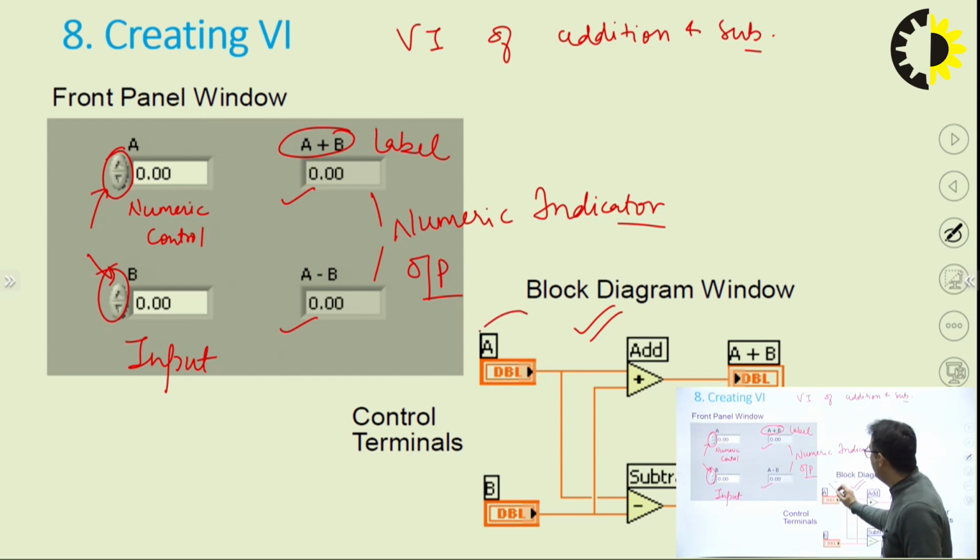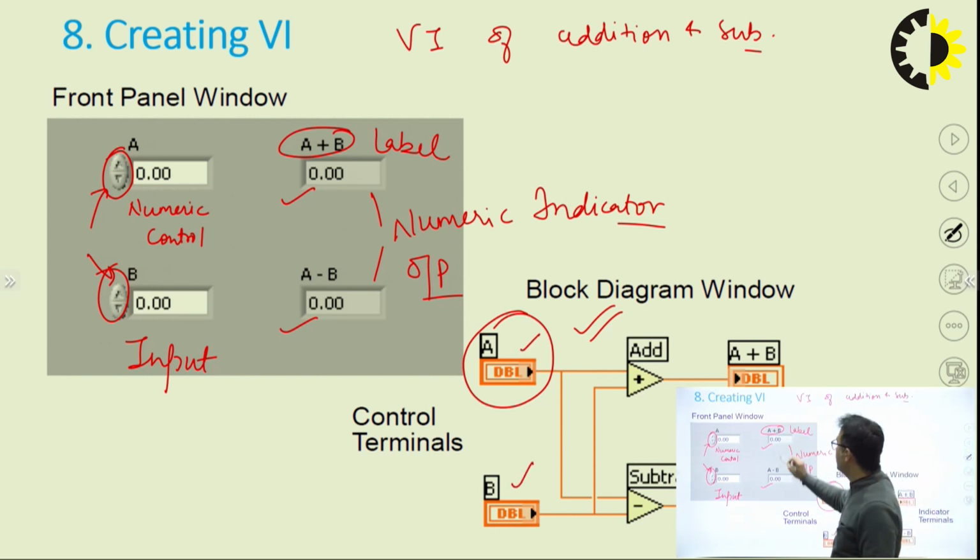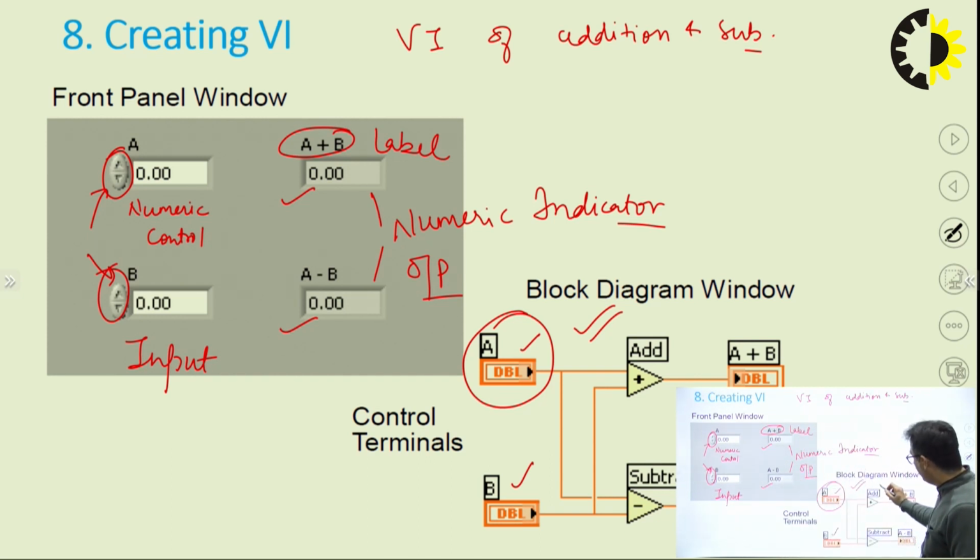So this is the numeric block, numeric control A and B. Now we are using A plus B and A minus B. So we have to go to the function palette and drag these two icons for addition and subtraction.